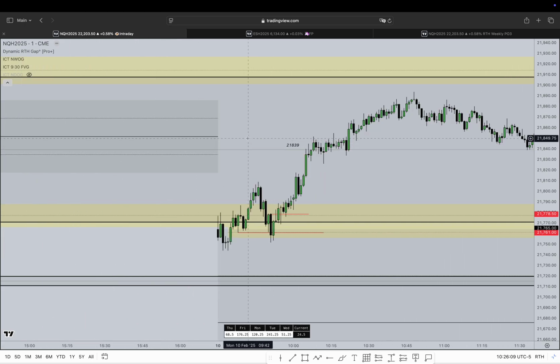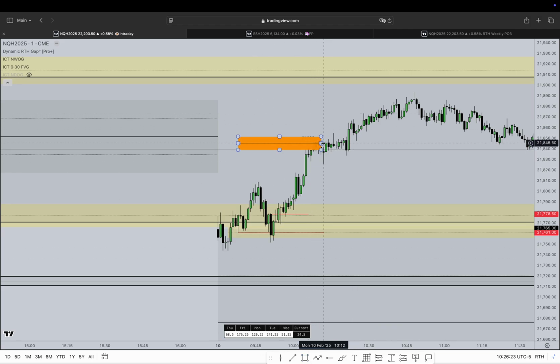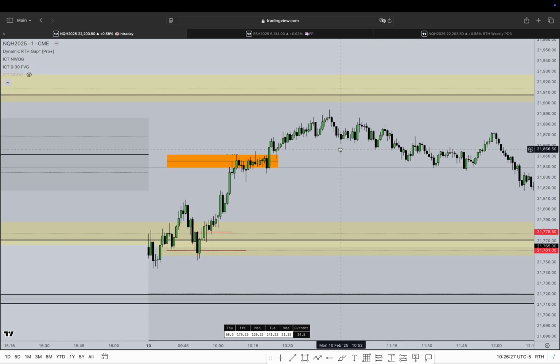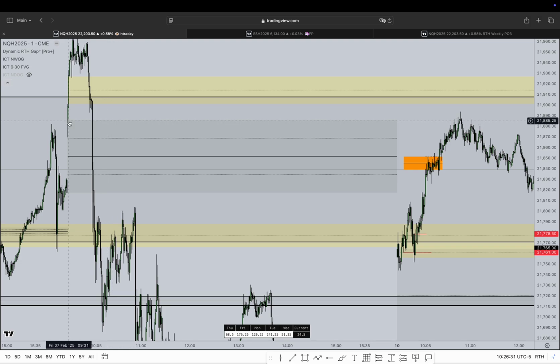So this is a nice area to take partials here between this range. And you can leave a runner if you want to close this gap.